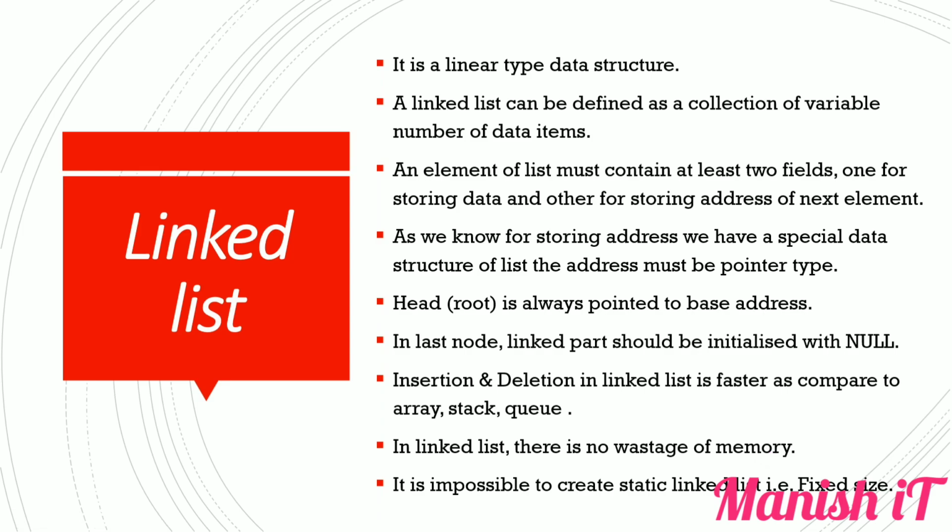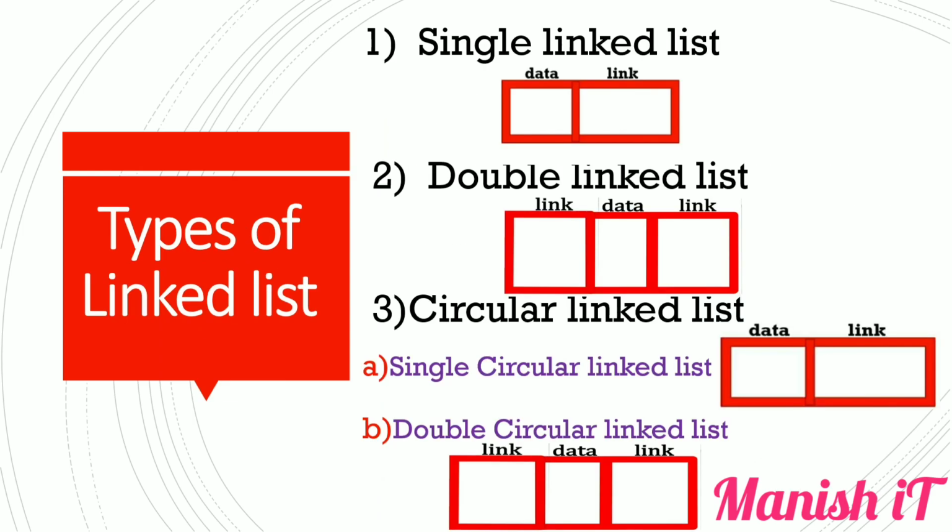Next we discuss the types of linked list. There are three types: single linked list, double linked list, and circular linked list. Circular linked list has two kinds: single circular linked list and double circular linked list. A single linked list has a data part and a linked part.